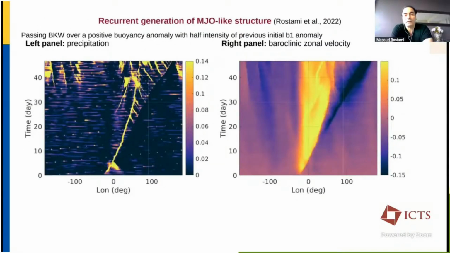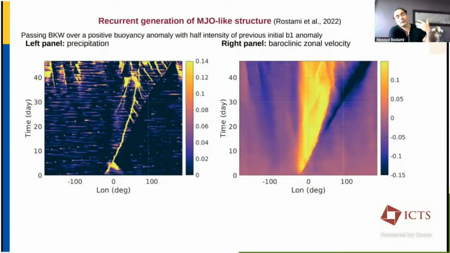And the other thing is the recurrent generation of this MJO-like structure. After dying out in the upper layer, this baroclinic Kelvin wave still goes on, even in a dry system, and circumnavigates all around the world.